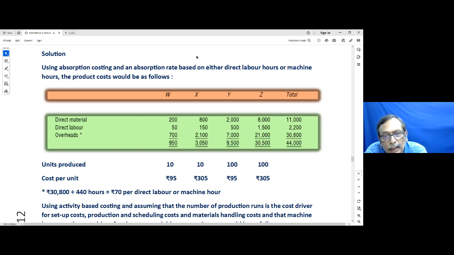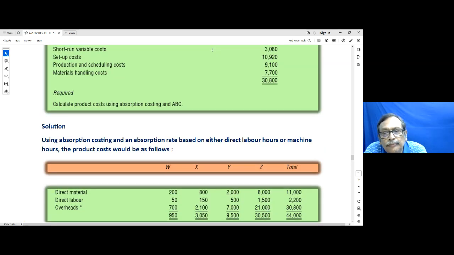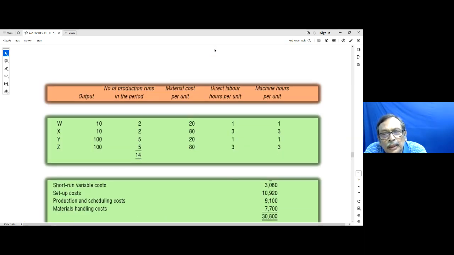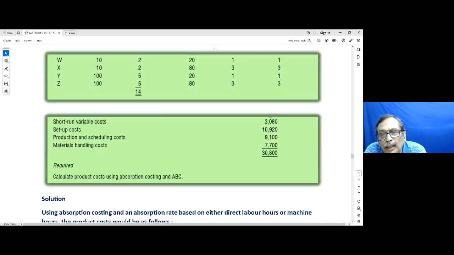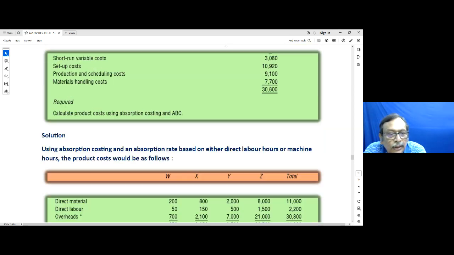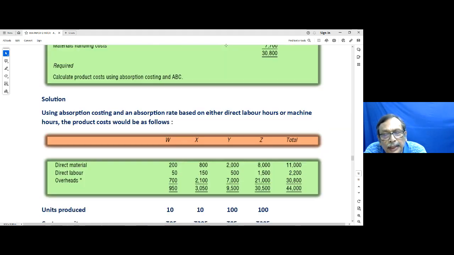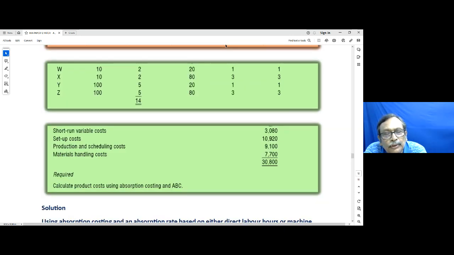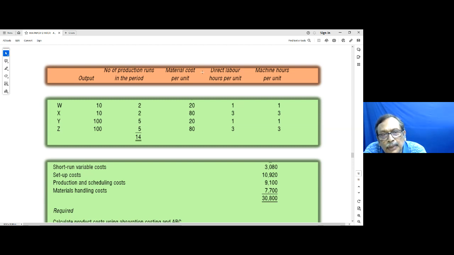Now, if we assume that 30,800 is the total common cost or the overhead costs, units produced is given 10, 10, 100 and 100. Number of production runs in the period given 2, 2, 5, 5.